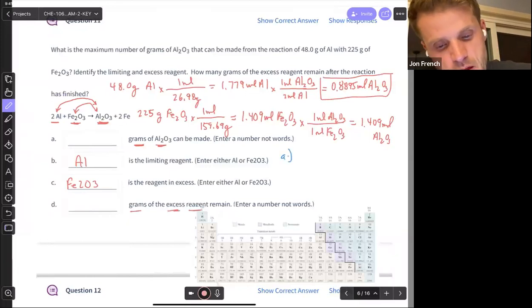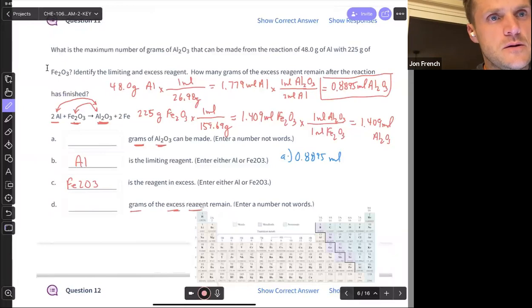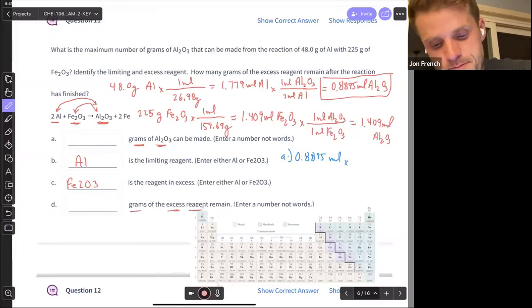All right, I've got 0.8895 moles. And I know for 1 mole of aluminum oxide, it's 101.96 grams.